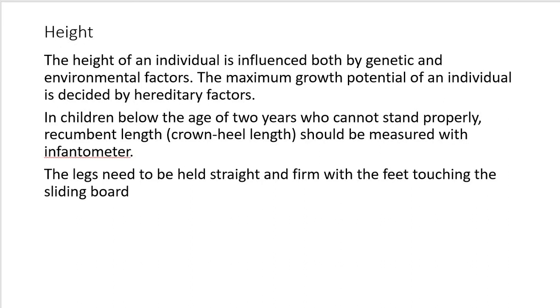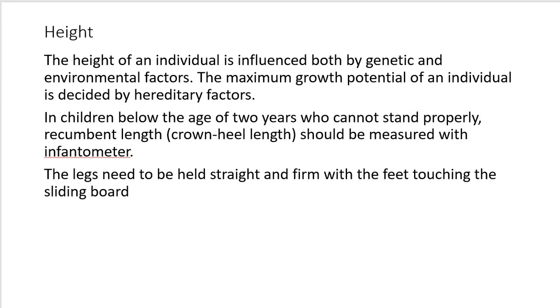We measure the height in children and also in adults, but in children who are not able to stand, we won't say height, we say the length. That is the recumbent length. Recumbent length means the length from crown to heel.